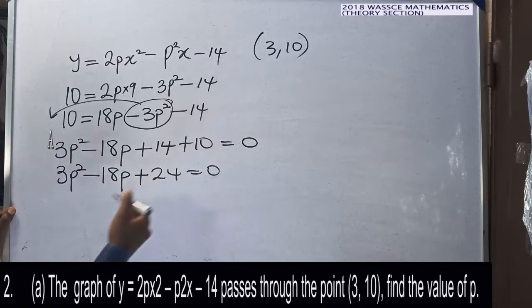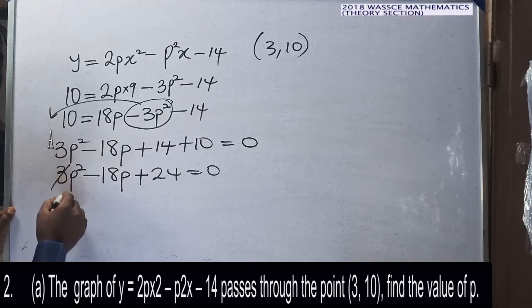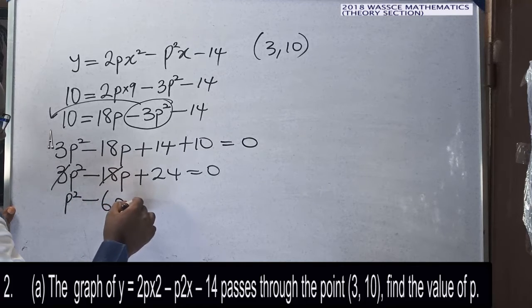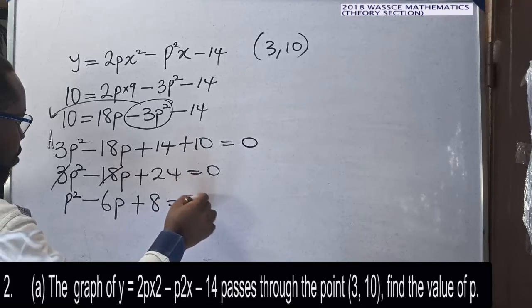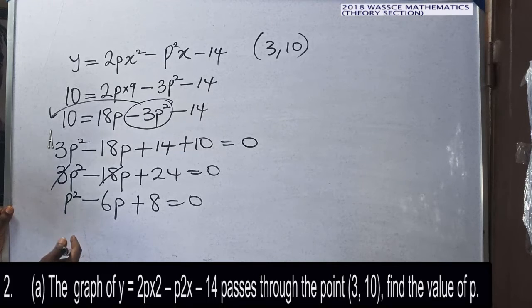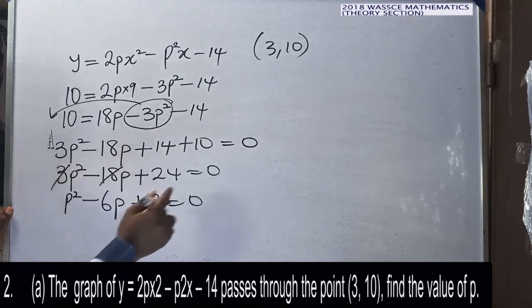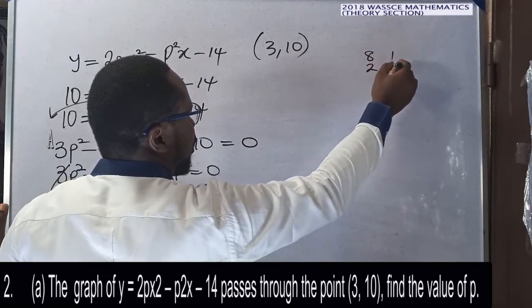So notice that I can divide through with 3 now. Divide through with 3. We have 3 divide this is p squared. 3 divide this minus 6p. Then 3 divide this is plus 8 is equals to 0. So in this case, we can factorize. Remember we said we want to factorize, we choose the factors of 8, which is 8 and 1, 2 and 4.